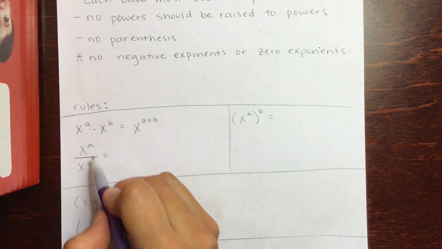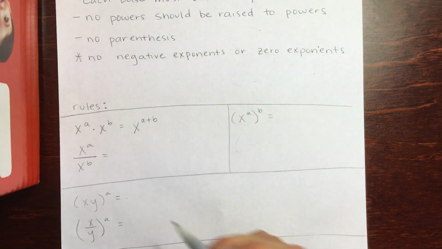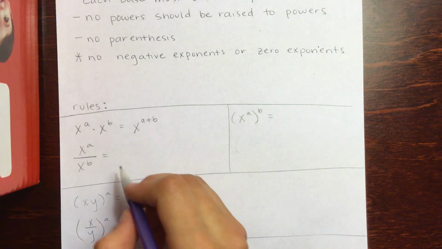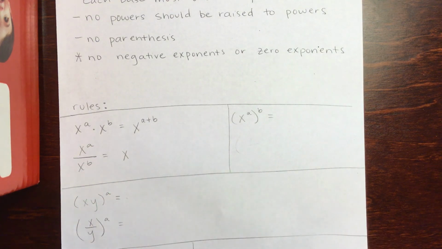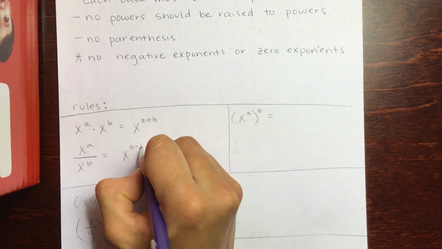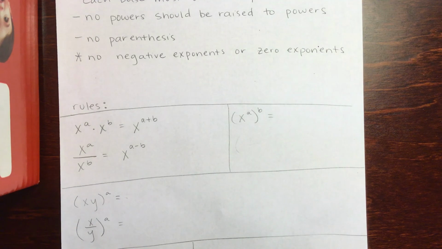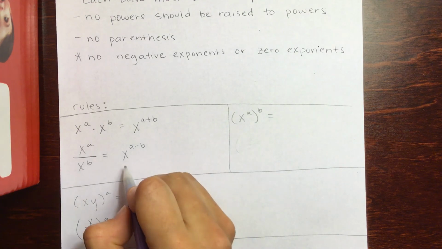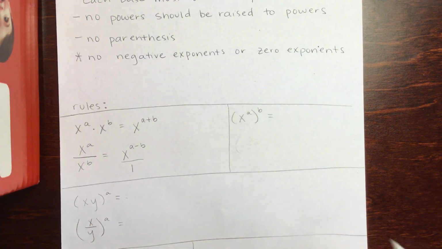Same idea if you're dividing, a fraction is dividing, x to the a power divided by x to the b power. You can write that as one single x, and you would subtract their exponents. If I write it like this, it implies that x is on the top of the fraction. We don't always write over 1.